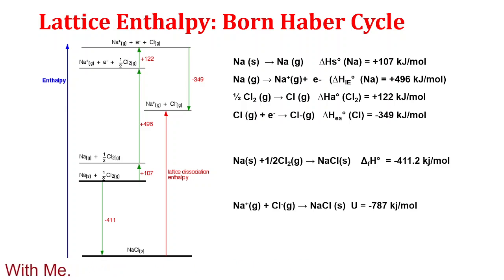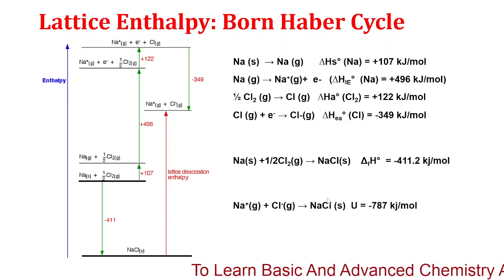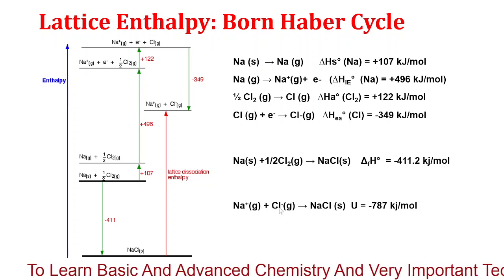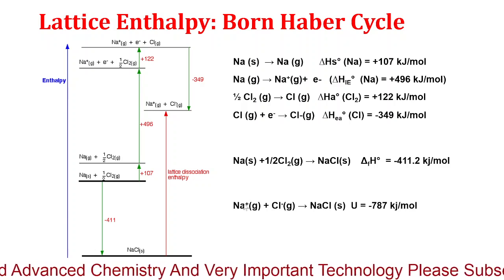So let us consider sodium and chlorine. Sodium ion and chloride ion make one crystal, sodium chloride solid. This is sodium in gaseous form and chloride in gaseous form. Ions always need to be in gaseous form.